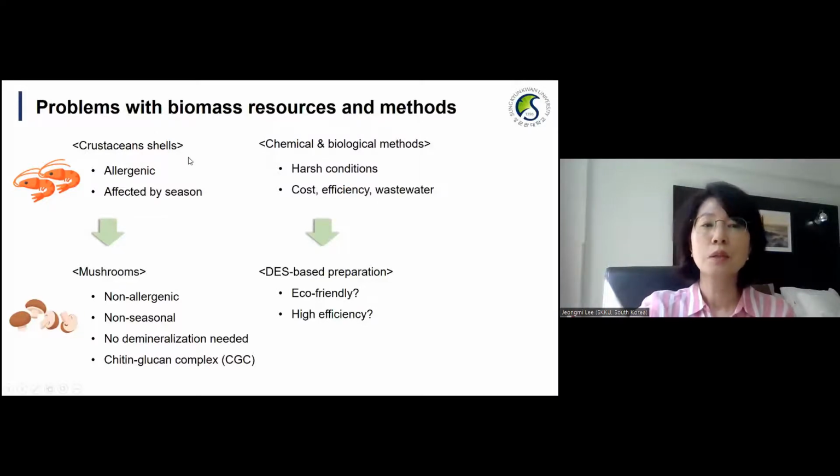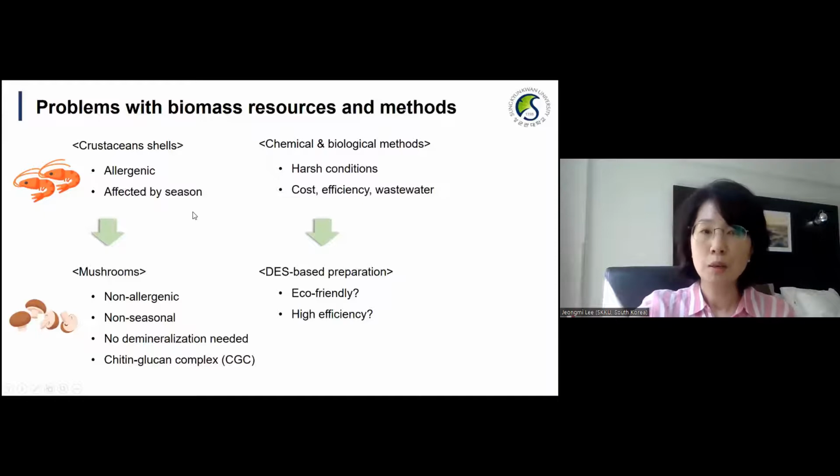But there is a potentially essential issue with the presence of allergenic protein in these crustacean shells. Another issue could be the seasonal variation in acquisition of these shells.